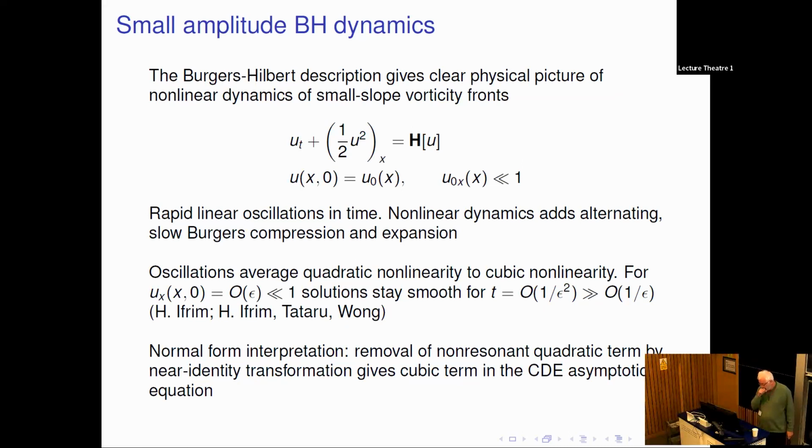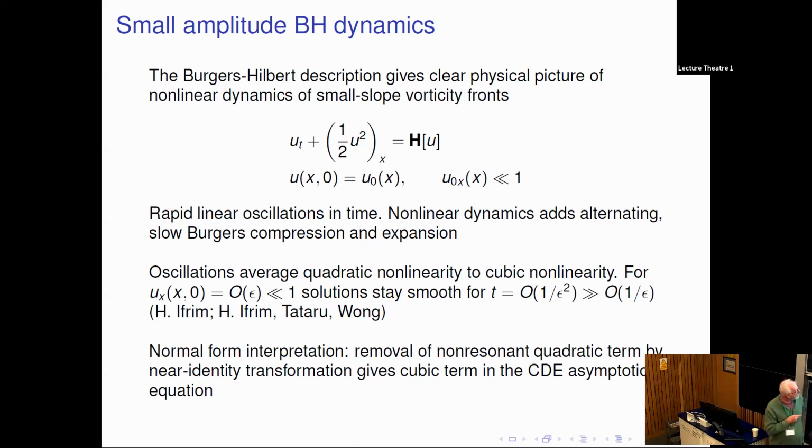All right, so I already said some of this: you have linear oscillations in time that get alternately compressed and expanded by nonlinear steepening and expansion. As a result, for initial data whose slope is of order epsilon, you get smooth solutions on times 1 over epsilon squared instead of the usual 1 over epsilon for just Burgers.